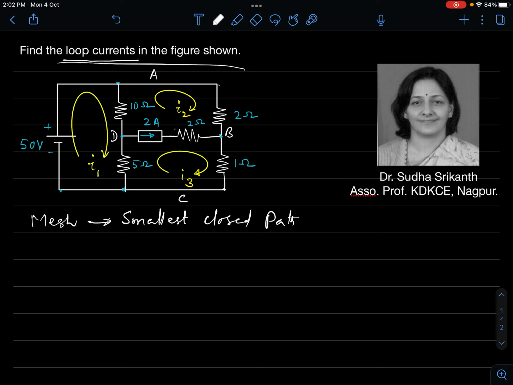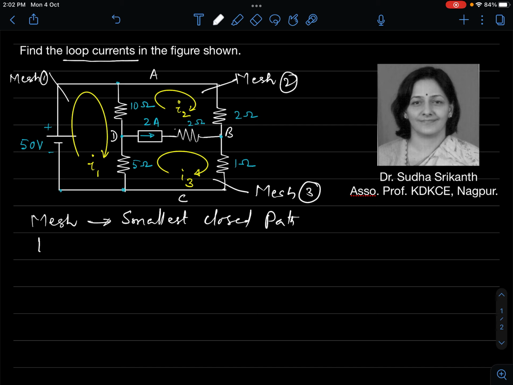Or if you imagine this as a window, then these are the panes, 1, 2, and 3. So meshes can be seen as panes of a window. This is mesh 1, mesh 2, and mesh 3. They respectively carry currents I1, I2, I3.